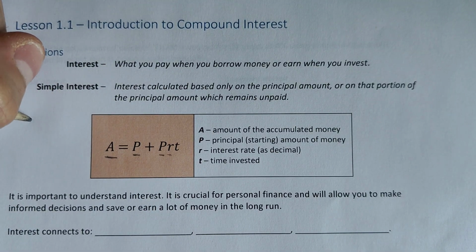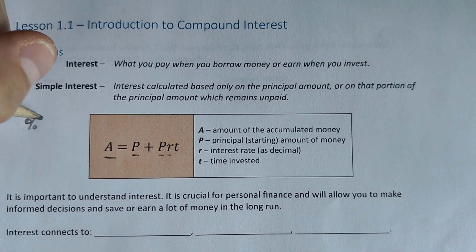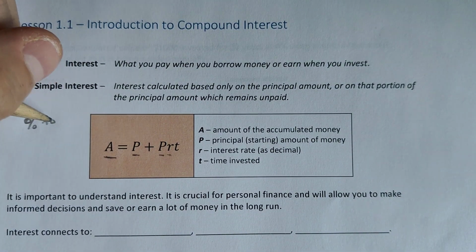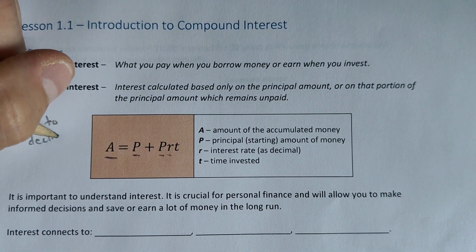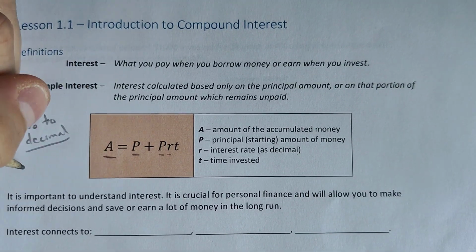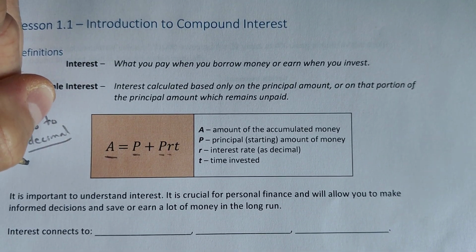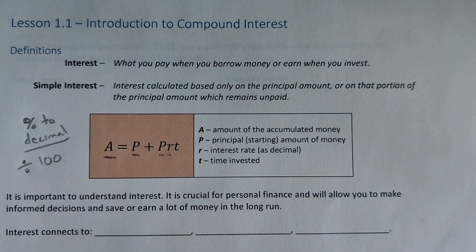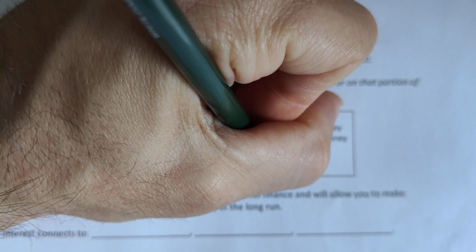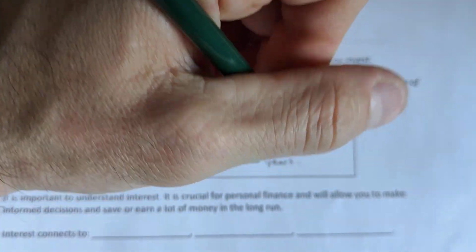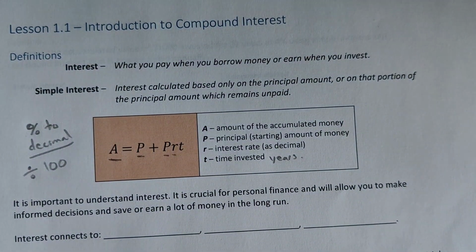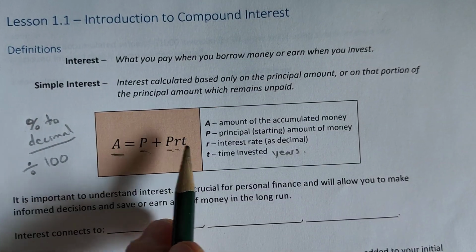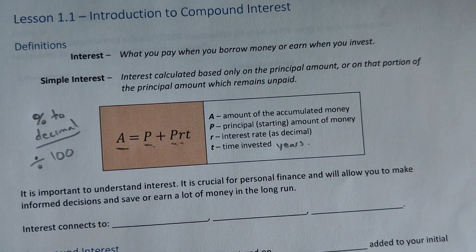Remember, percentages to decimal, the rule is divide by 100. So that's what you need to do every time you look at the interest rate. You have to divide that by 100 to convert it to a decimal. The time invested, which is always given in years, is then multiplied. So principal plus principal times rate times time.